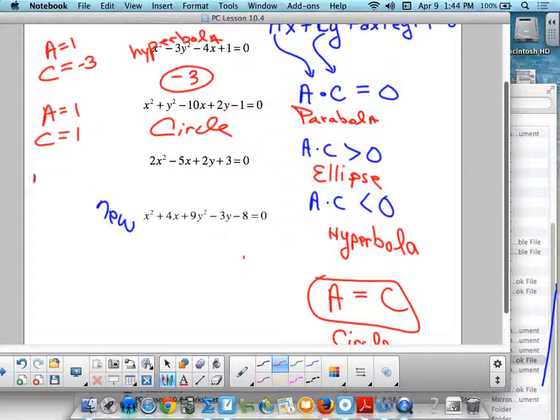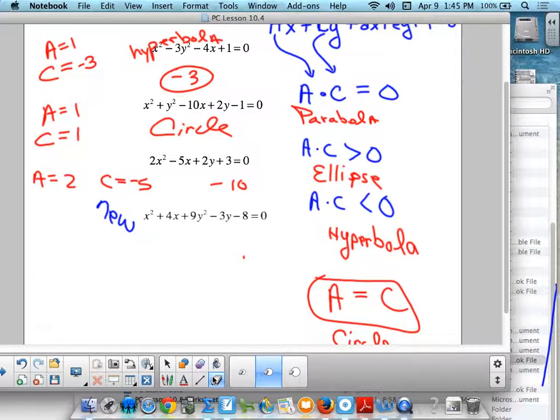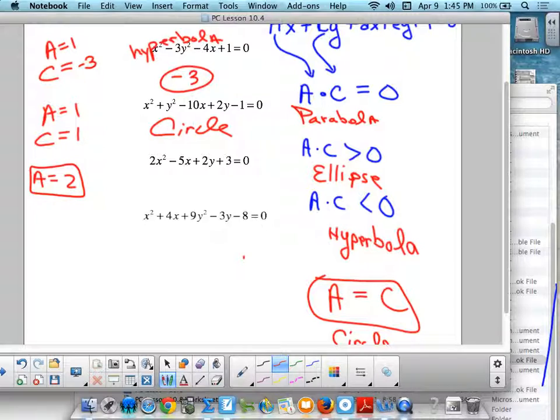Okay, a is what here? 2. C is what? -5. Multiply, you get -10. What is it? Oh, did I do something wrong? Yeah, I did something wrong. Sorry. A is 2. Where's the y squared? There is no y squared. That would be a 0, so c is 0.